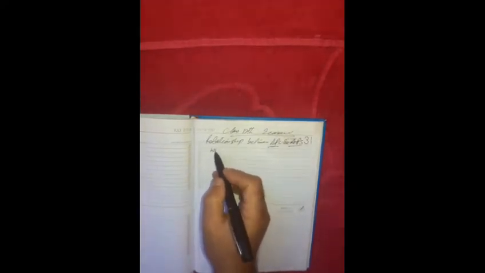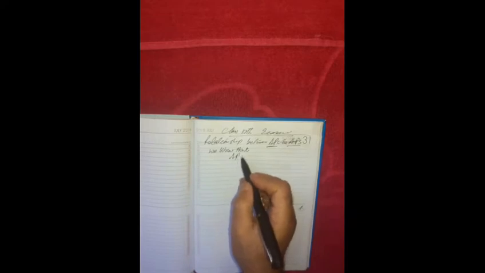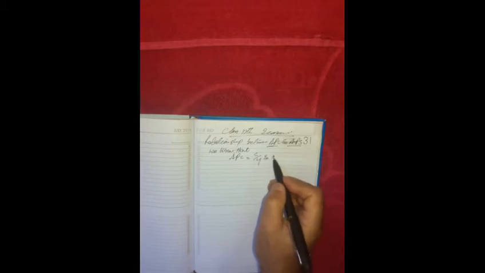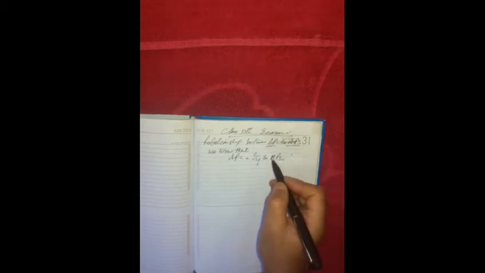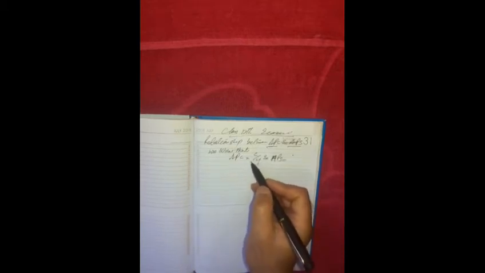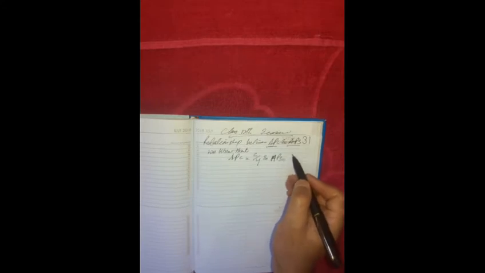As we know that APC is equal to C divided by Y, consumption divided by income, and APS, average propensity to save, is S divided by Y, saving divided by income.